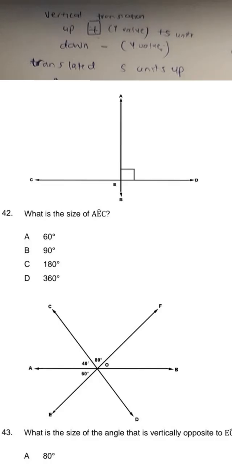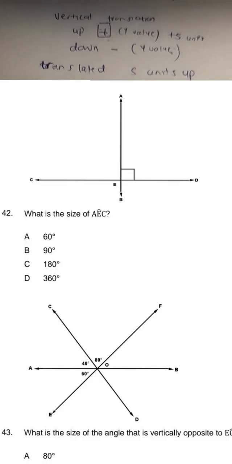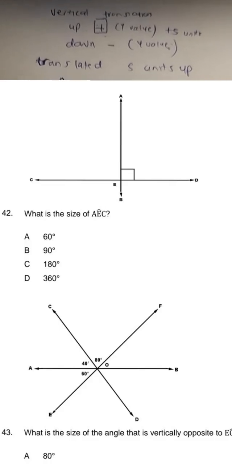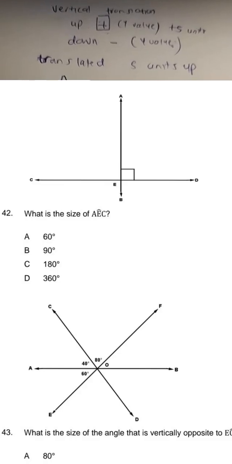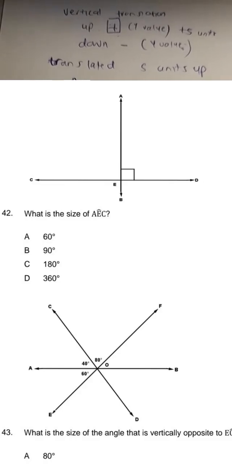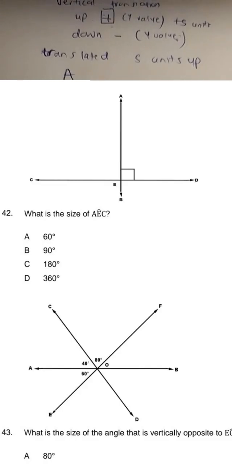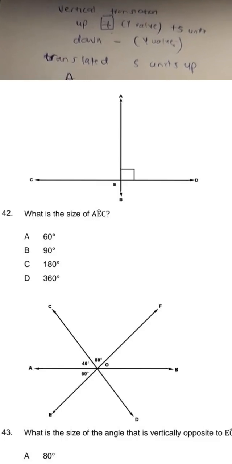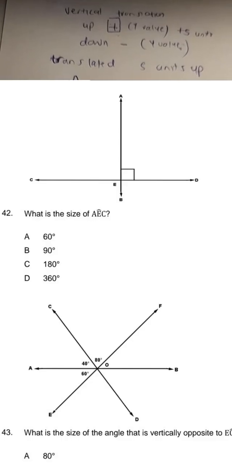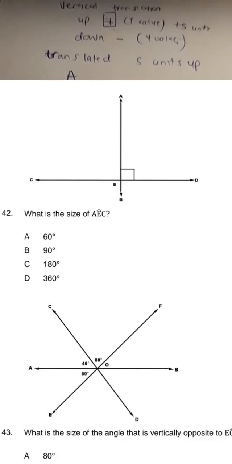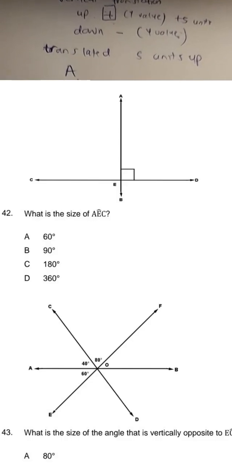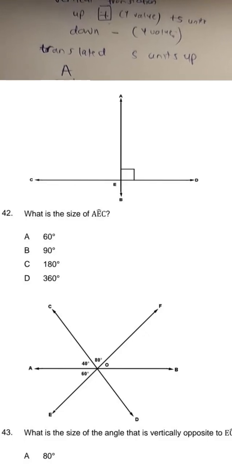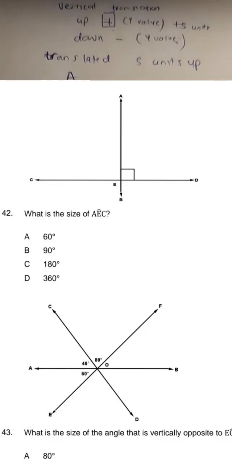Now, the answer: A is 60, B is 90, C is 180, D is 360 degrees. What is the size of angle AEC? Is it A, 60 degrees, B, 90 degrees, C, 180 degrees, or D, 360 degrees?